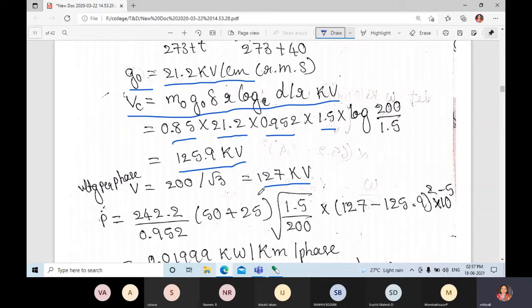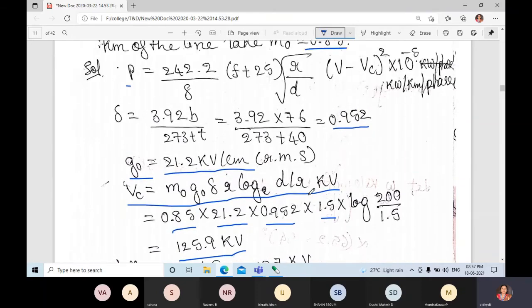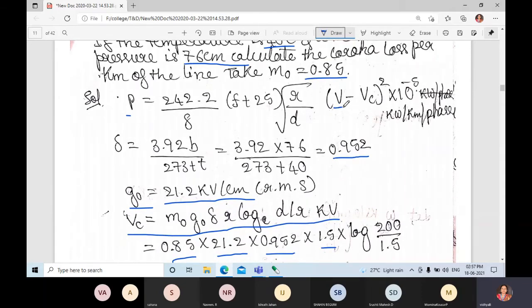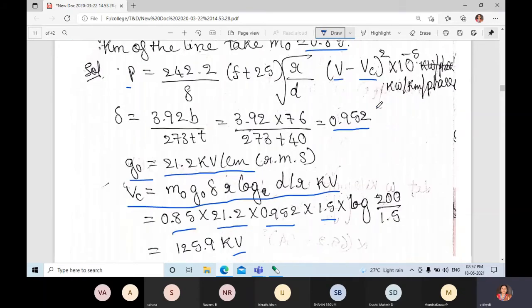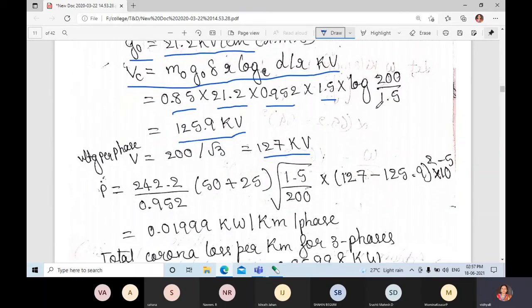Why we need this: because here V minus Vc, we don't know the values, so we need to find out V and Vc values. So P is equal to 242, this is standard.